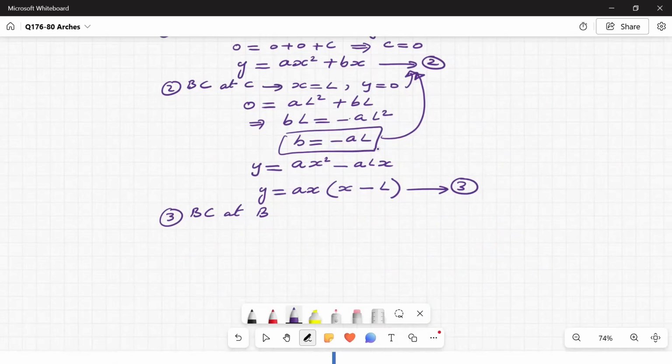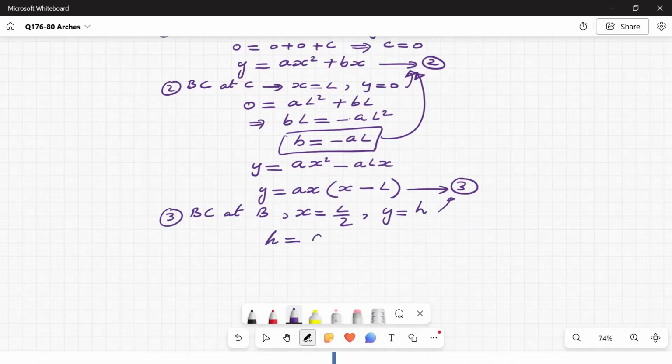So at point B, x is equal to L by 2 and y is equal to the overall height, which is h.